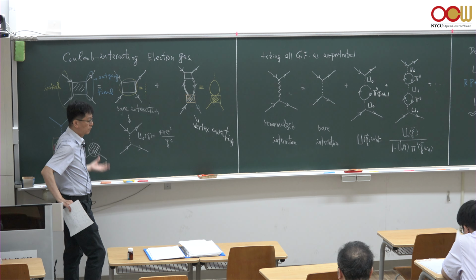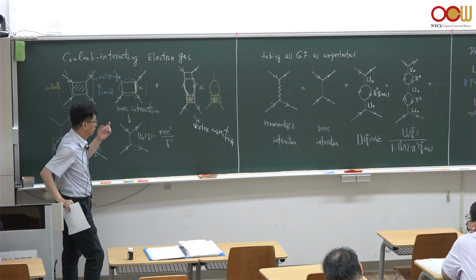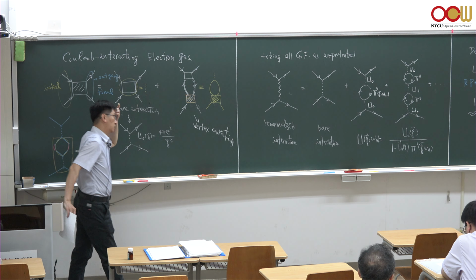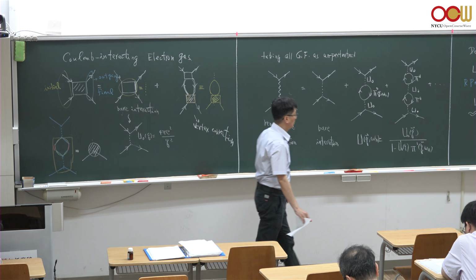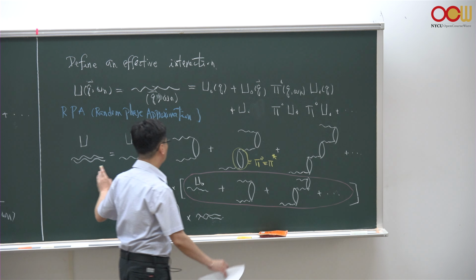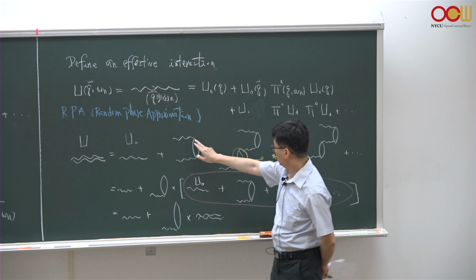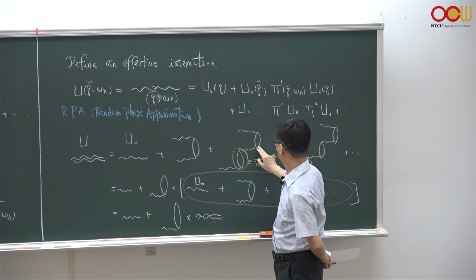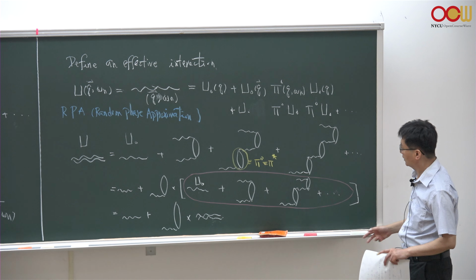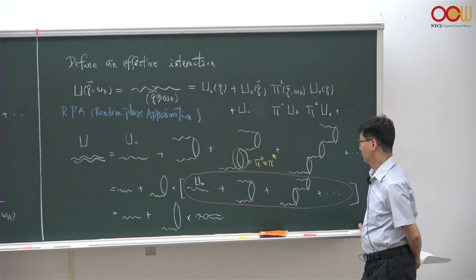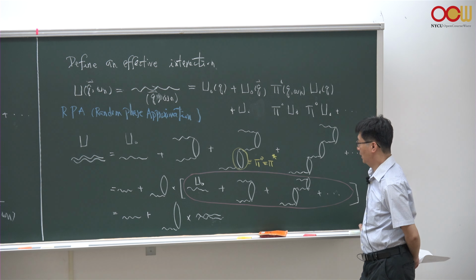So this is a kind of shorthand notation for this so-called RPA, random phase approximation. Or in some textbooks, this is called the ring diagram, because the diagram itself, the single ring, the two rings, looks like a wedding ring. The wedding rings, you could have this single wedding ring or two rings and three rings.